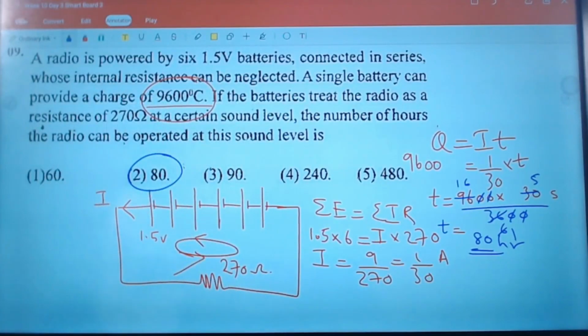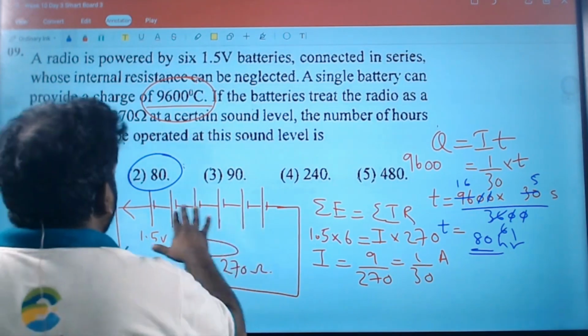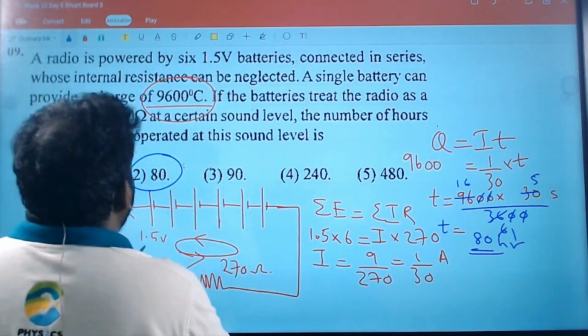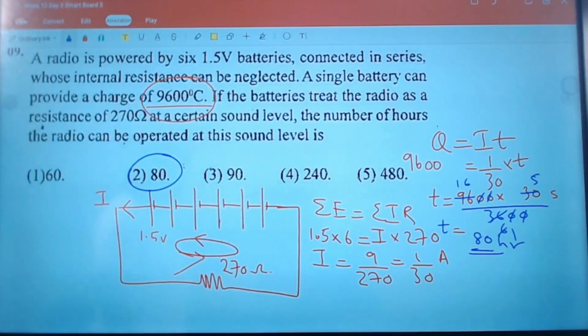So very important question. You can write a small sentence there. Even though 6 batteries are connected in series, the amount of charge passing through it will remain the same.